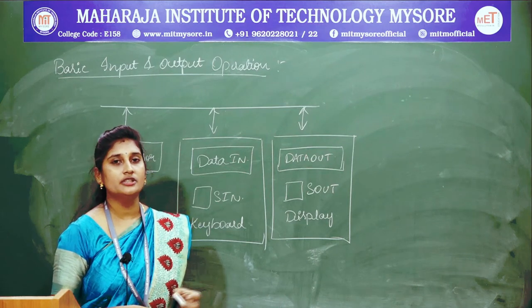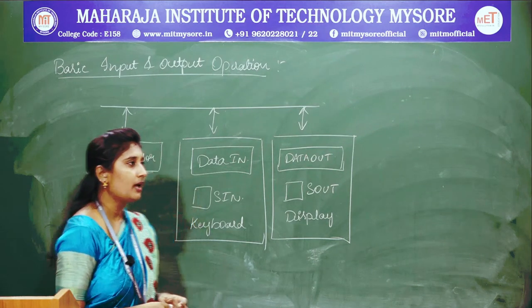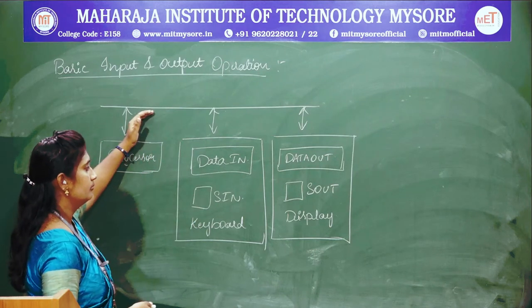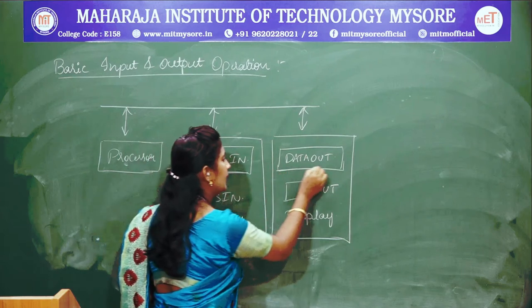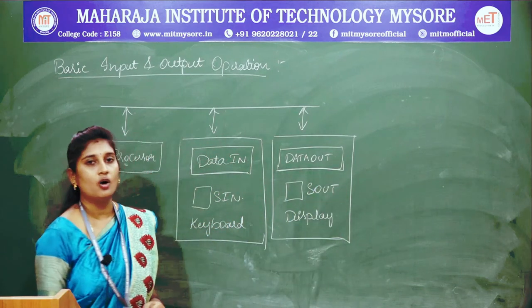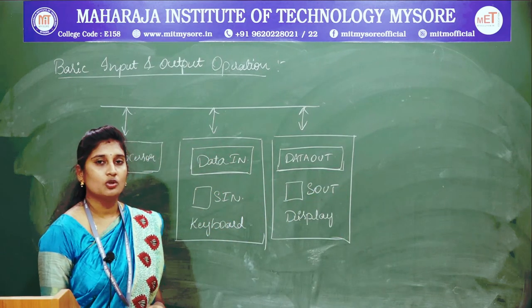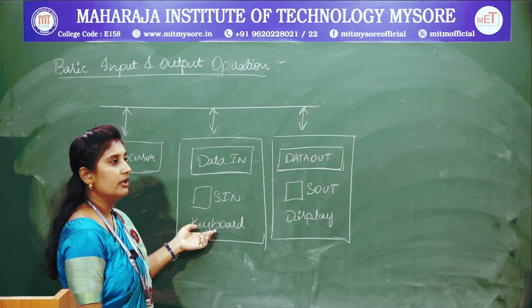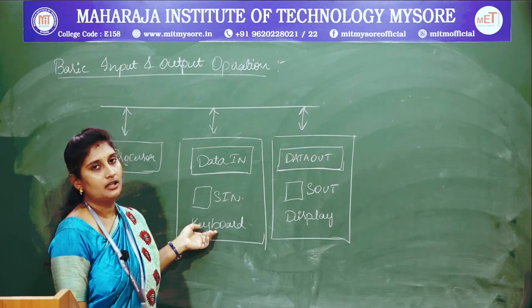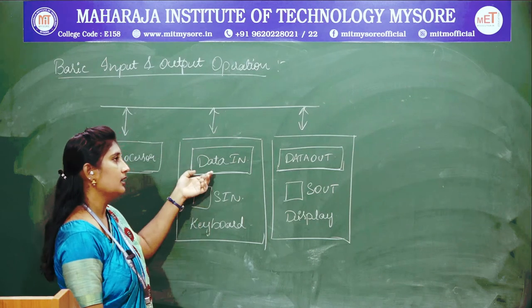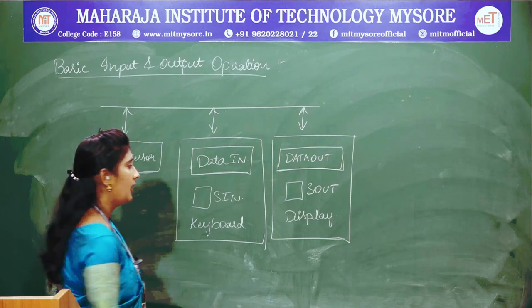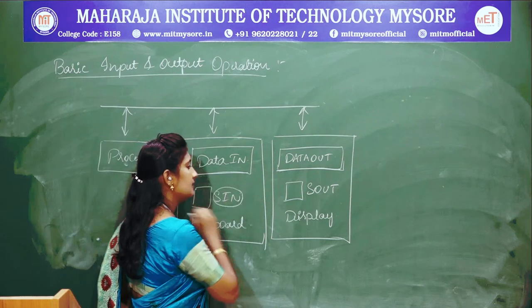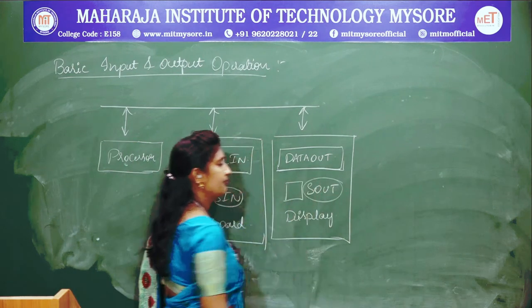To solve this problem, we come across two buffer registers that you will call data in and data out buffer registers. So whenever you press a key on a keyboard, that will be monitored by status flags called S in and S out.